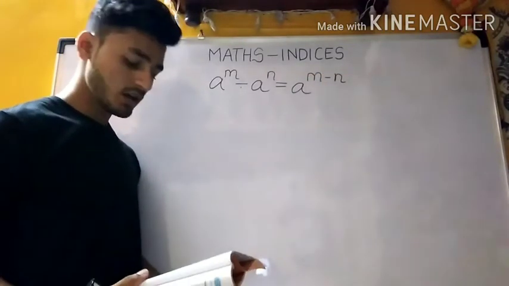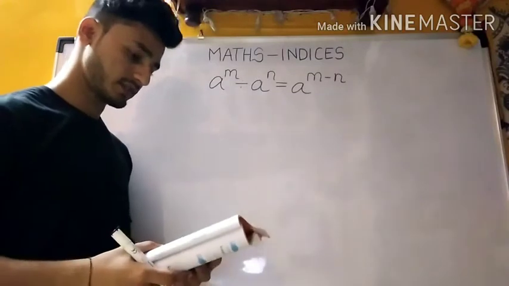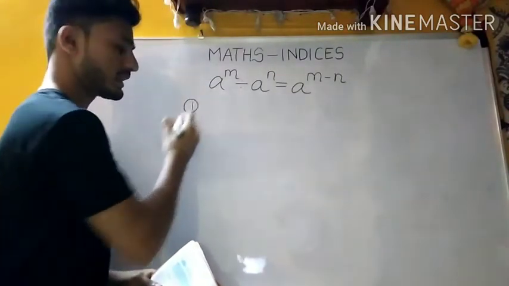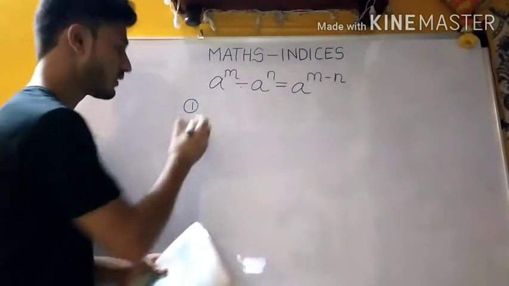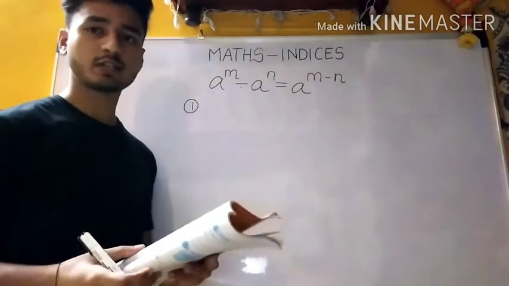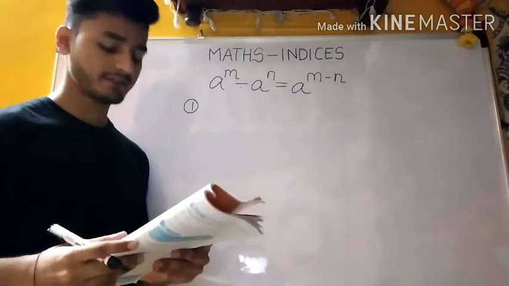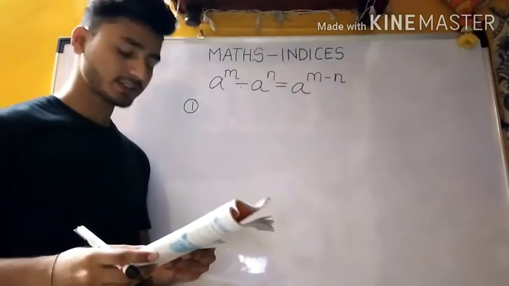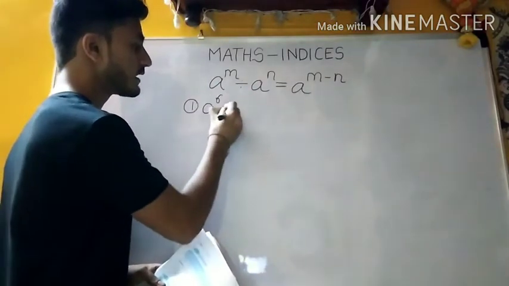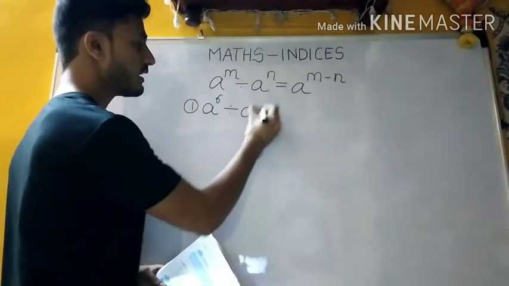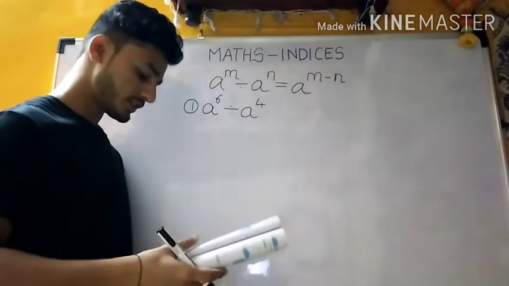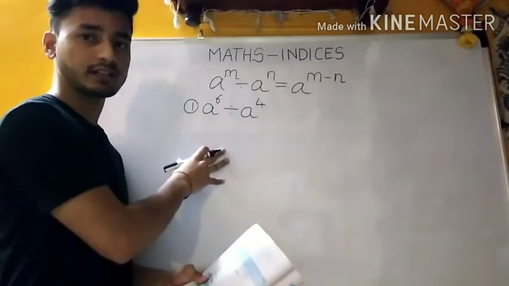The first example for the first case: you can open page number 46, Practice set 28, the first question, simplify. The first question is a raised to the power 6 divided by a raised to the power 4. This is the question which we are going to solve right now.